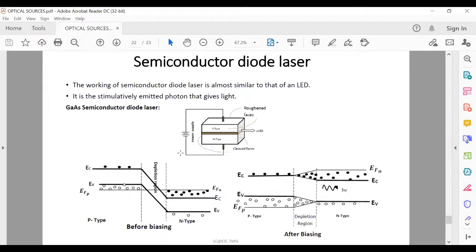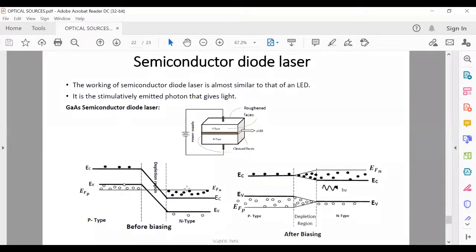Now the working principle is given by these two energy level diagrams, for before biasing and after biasing. In the absence of biasing, the electrons of the n-type cannot cross over the junction because of the potential barrier.